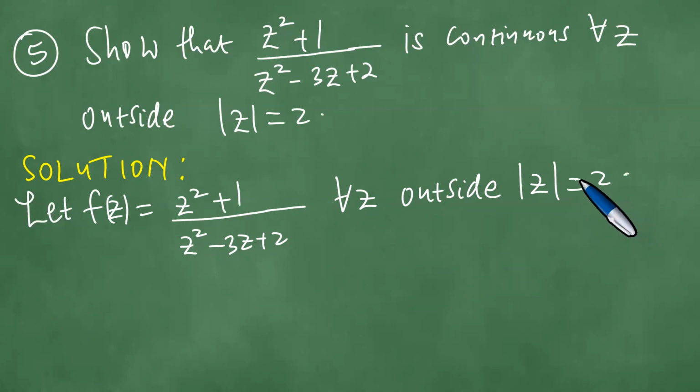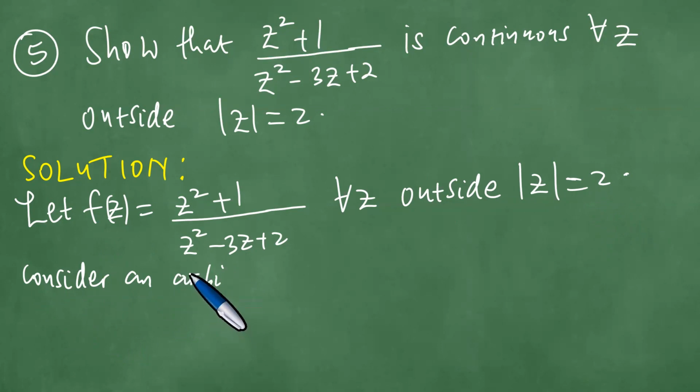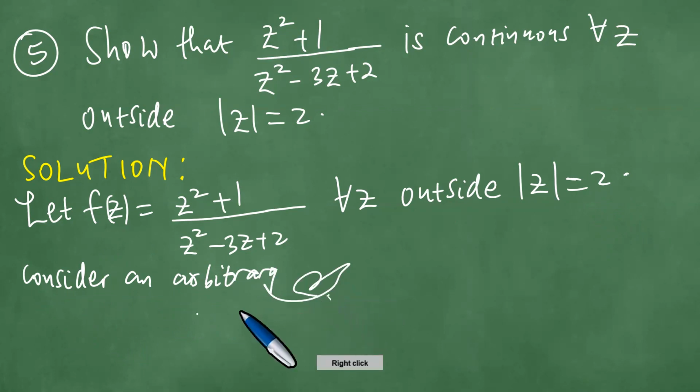Now we need to consider a z0 that is outside that region.